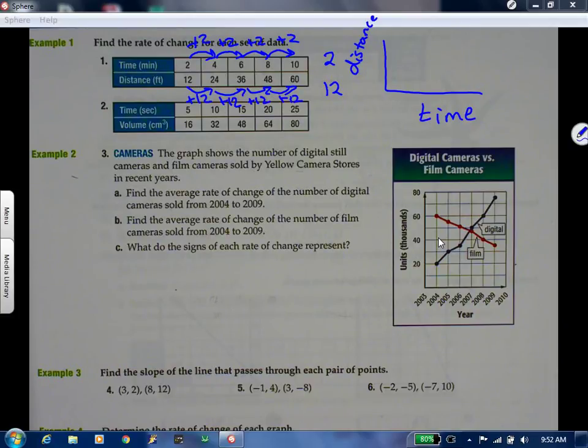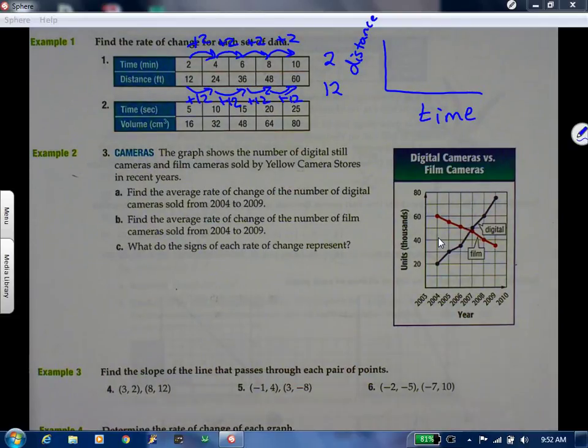When you're finding the change, remember it's the change in y divided by the change in x. Okay? Guess what we have? Right there. This is what we're going towards. This is the slope formula. That is rate of change. Remember, the change in y over the change in the x's. So when you have this, your independent variable always goes on top. So this rate of change would be 12 divided by 2.